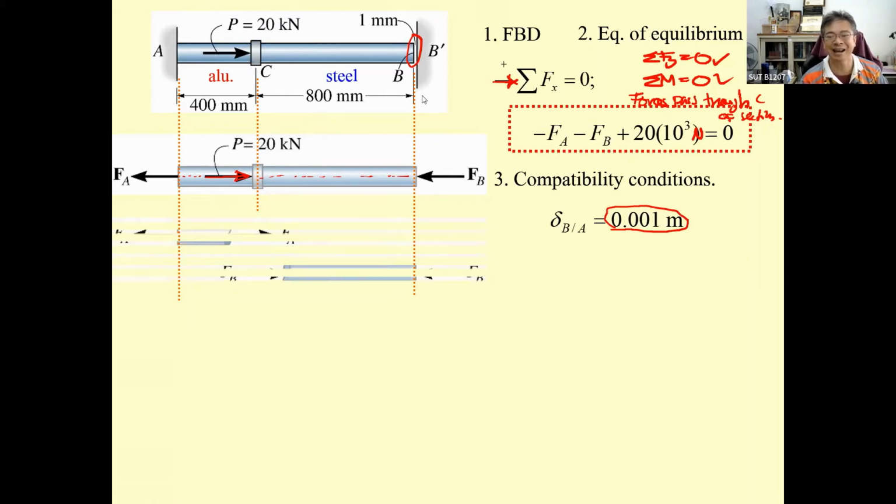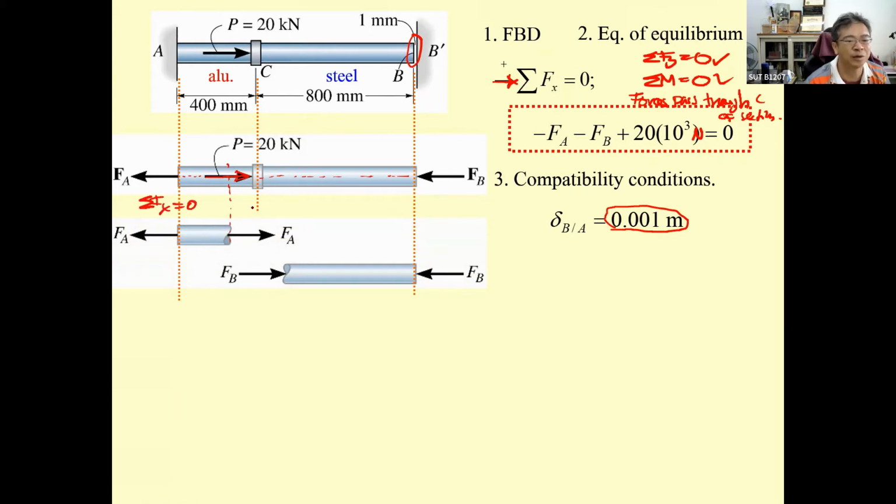And then you draw the free body diagram of this portion. Again, summation of F sub x equal to 0, F sub AC equal to F sub A. And then if you cut over here, summation of F sub x equal to 0, F sub BC equal to F sub B. F sub BC is inside it.